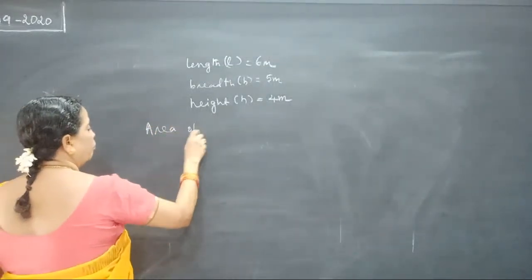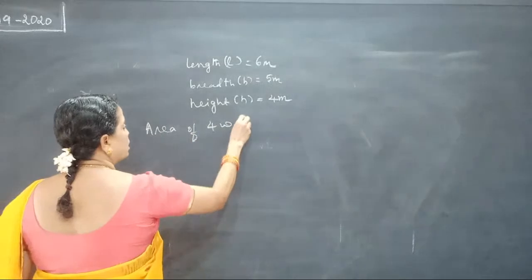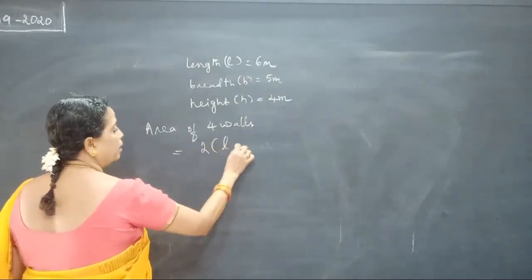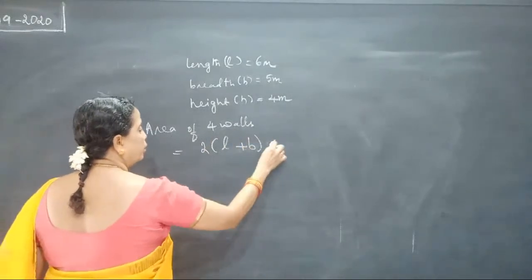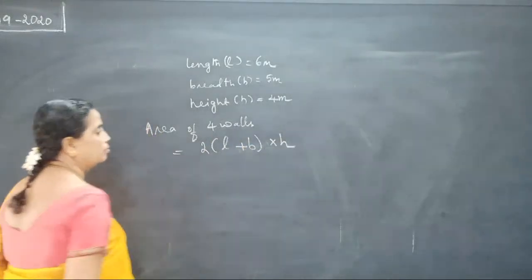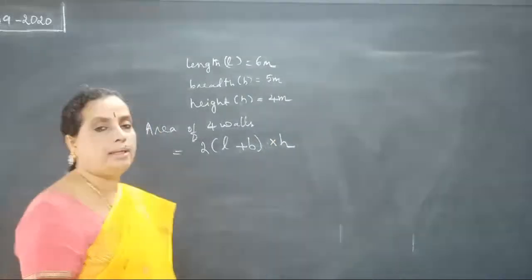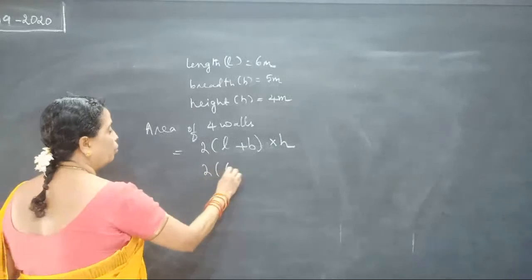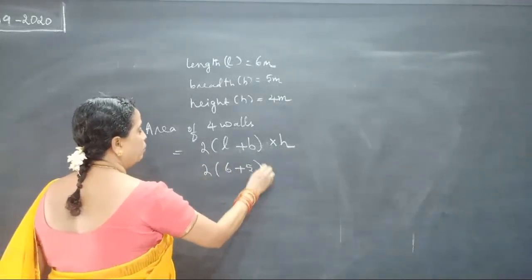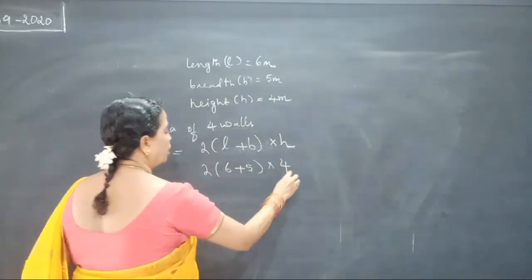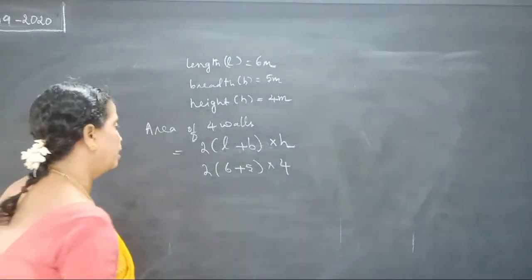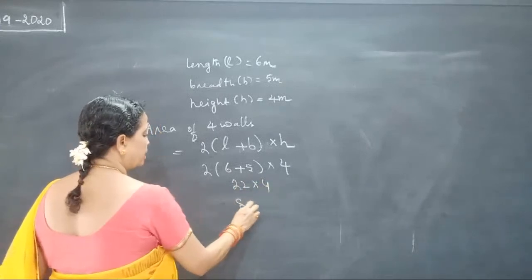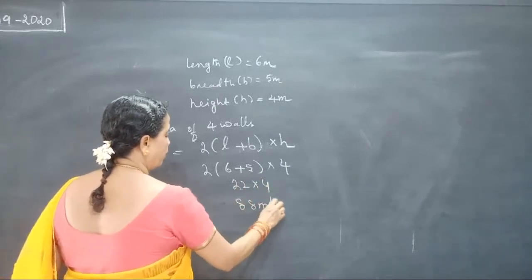Alright. Area of 4 walls equals its perimeter into height. Now substitute the L, B, H values. What do you get? 2 into (6 plus 5) into 4. 6 plus 5 is 11. 11 twos are 22, into 4. It is 88 meters square.